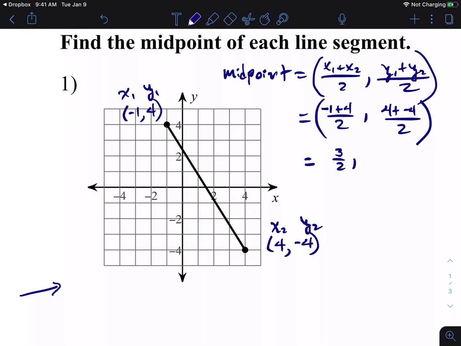And the second part is 4 plus -4 is 0, so we'll call that 0 over 2, but then we'll write it one more time to show what it is. So we've got 3 halves, comma, 0 is my midpoint according to that calculation. If we go to the right 3 halves, which is 1.5, I'll put a point right there, and 0 up or down, that is my midpoint right there.